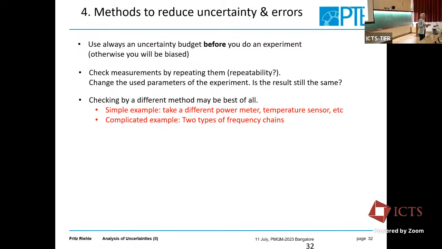It can shift the frequency. And so you can use this method to change the parameters of the experiment to find hidden errors. Other thing is, for instance, I do not stay all the time with PTB.